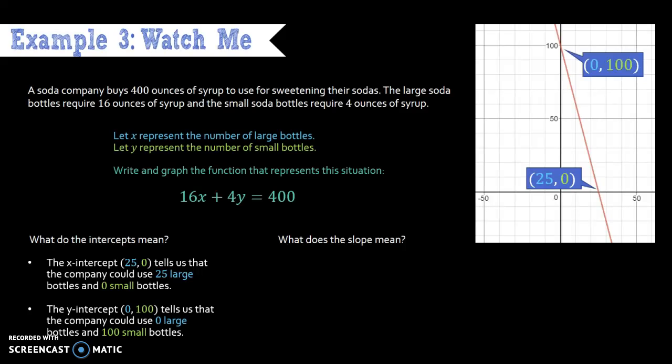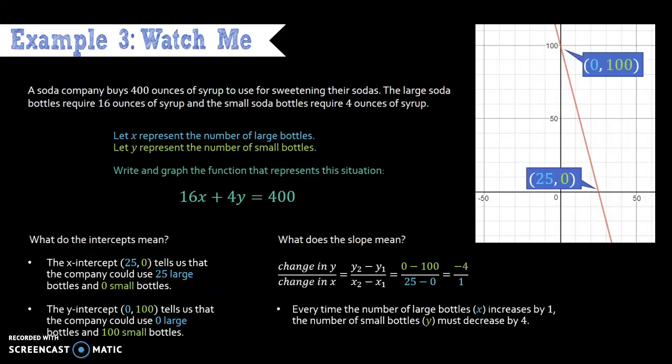Let's also figure out what the slope means. So I'm going to use these intercepts to plug into my slope formula, and I get that my slope is -4/1. So every time the number of large bottles, because that's my x on the bottom right here, changes by 1, the number of small bottles, or the y value up here on top, goes down by 4.